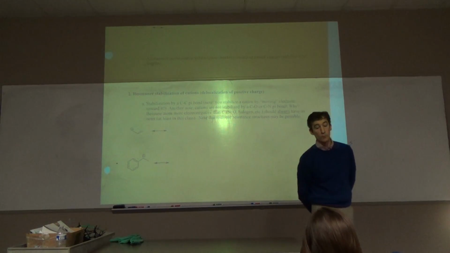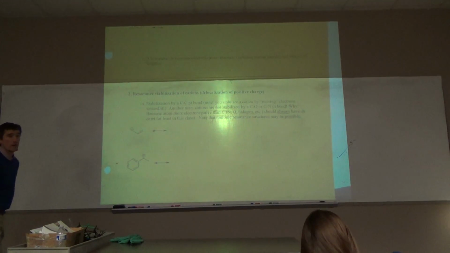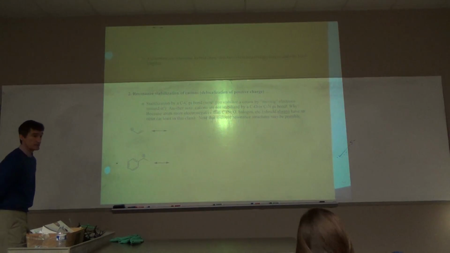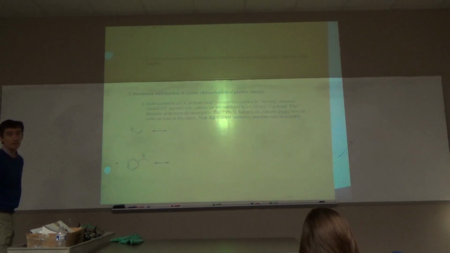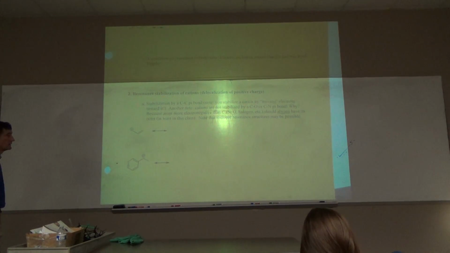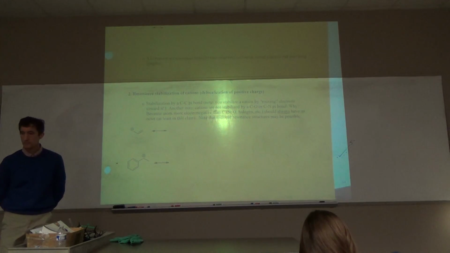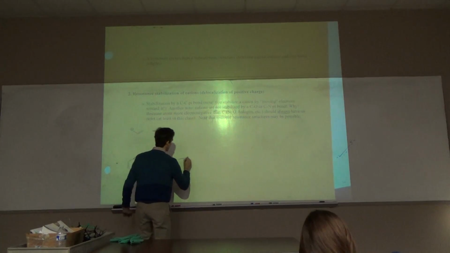You can draw more. Multiple resonance structures. You can delocalize the positive charge multiple times. The old windshield wiper, pi bond over. What does that do?